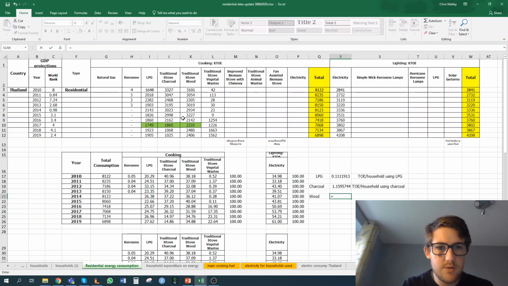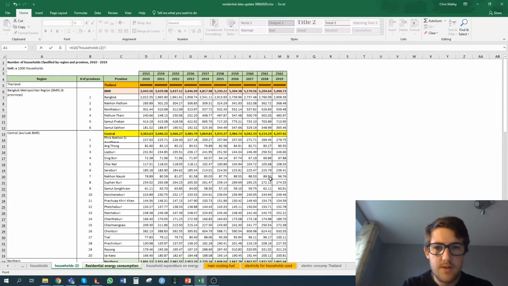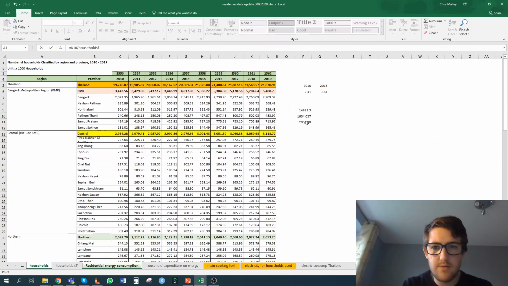So it's equal to this value here divided by the total number of households.